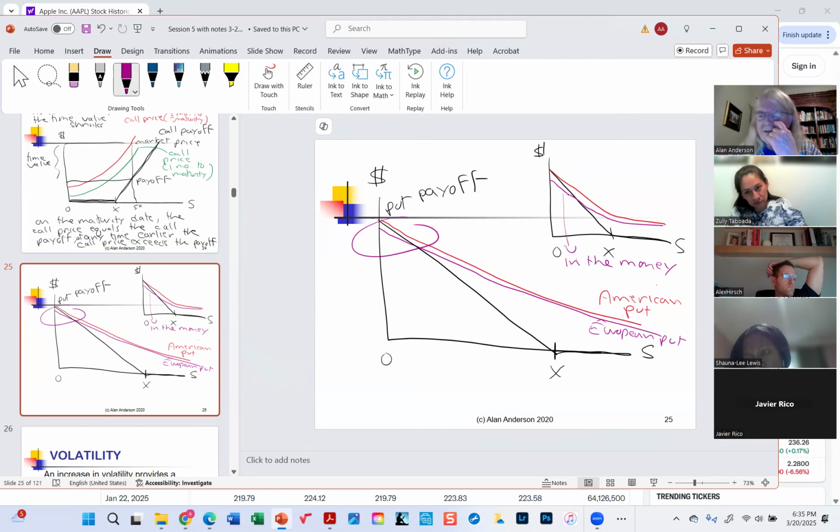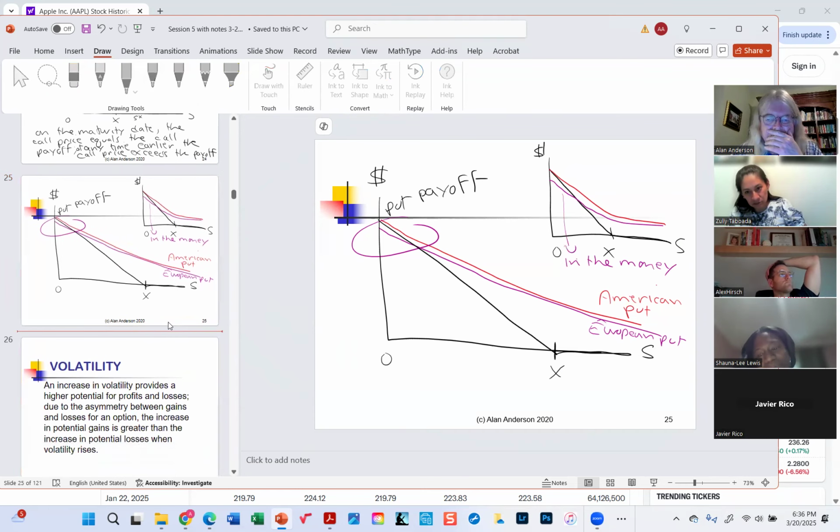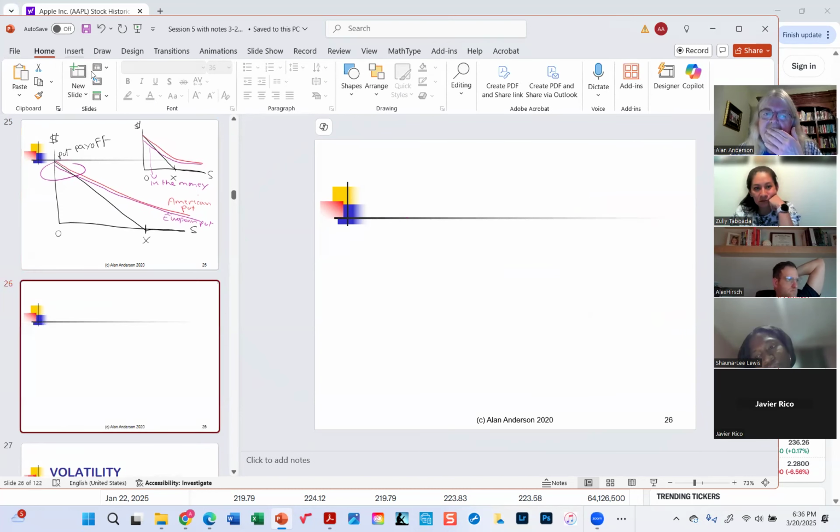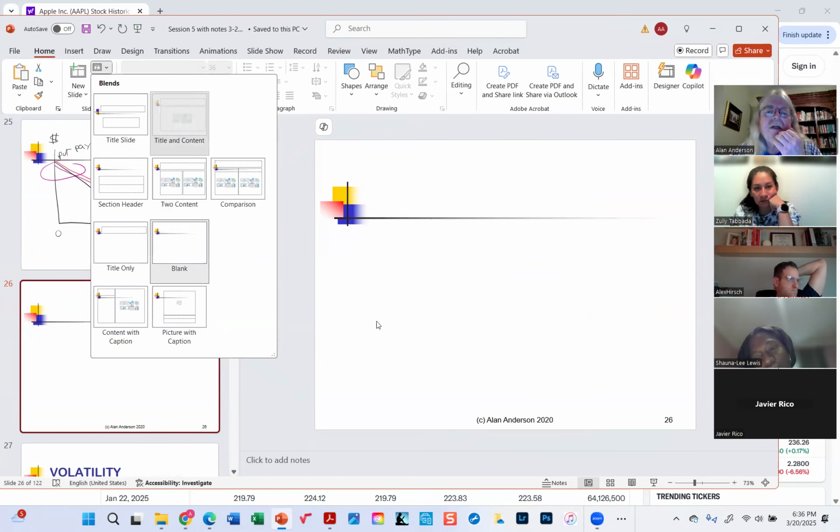So what this is all about is this. When an option is very deeply in the money, the chances of it being exercised are essentially 100%. Okay, there's essentially no chance they will not be exercised. Now, here's the problem with that, though. And here's why this is happening with the European option.